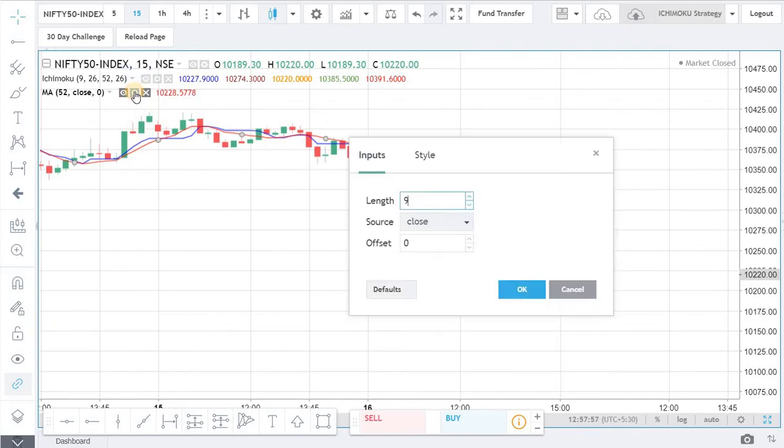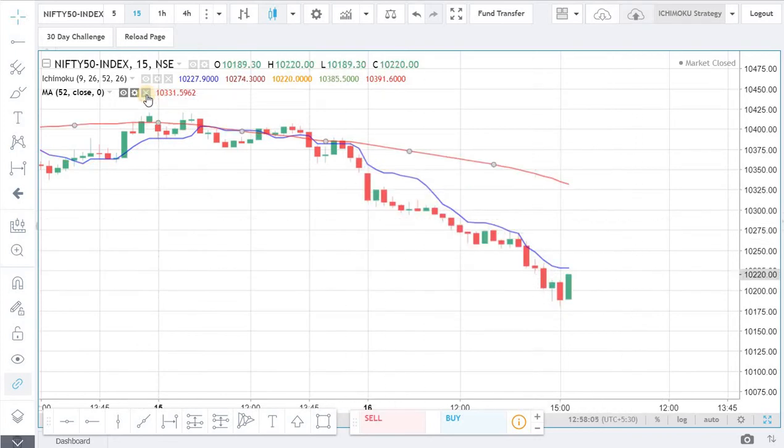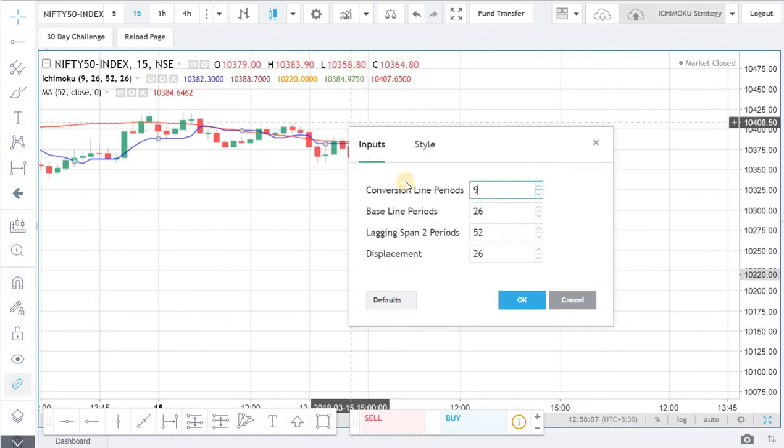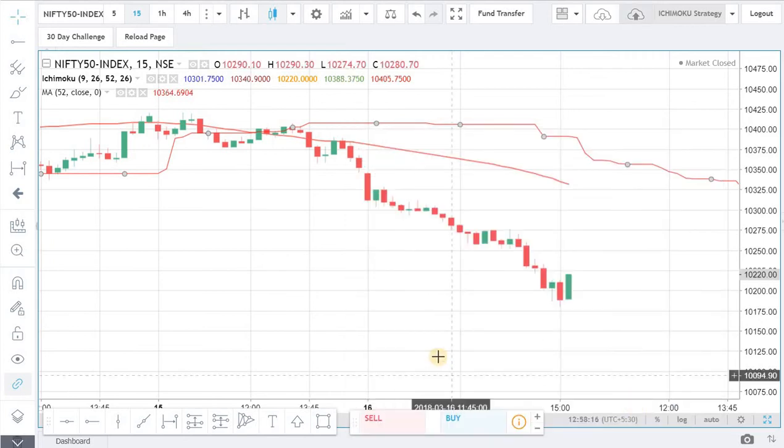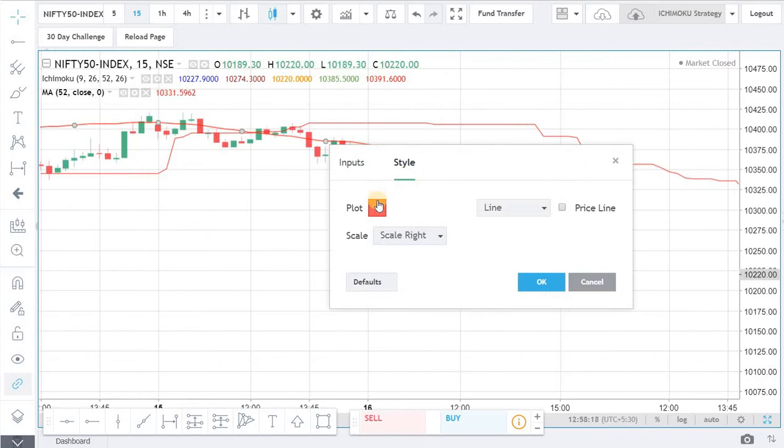Okay, for example, let's change this to 52, because your span B is 52. So this is your simple moving average 52, and now I will take off the conversion line and I will add span B, or lead 2. Now this is where you will actually see a major difference.